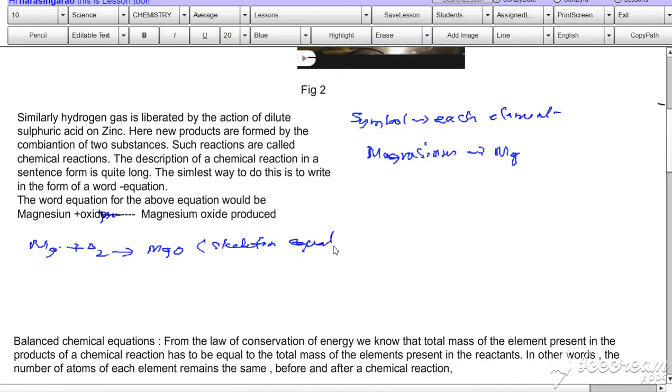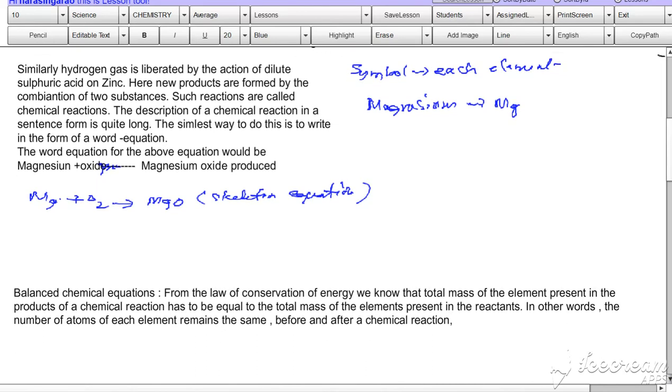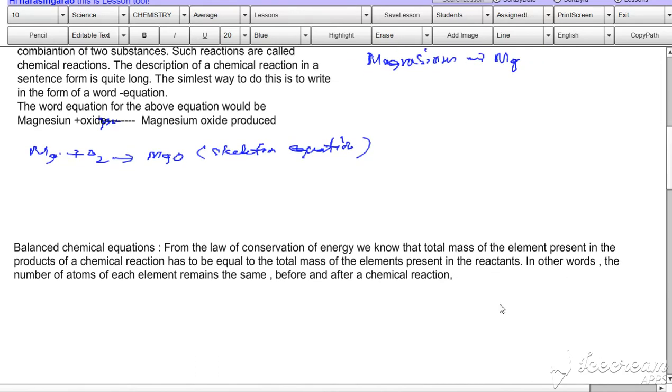According to the law of conservation of mass, the total mass of an element present in the products of a chemical reaction has to be equal to the total mass of the element present in the reactants. The elements on the left hand side are the reactants. To say that they are combined, we use the plus symbol: magnesium plus oxygen.